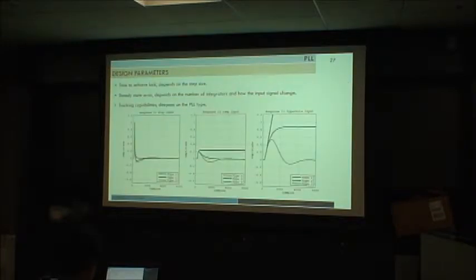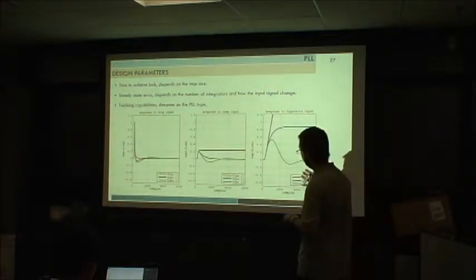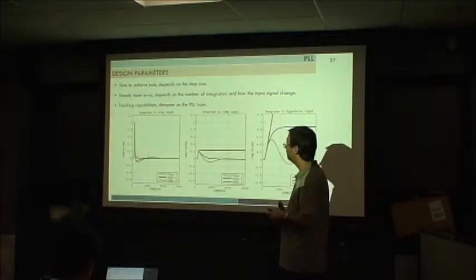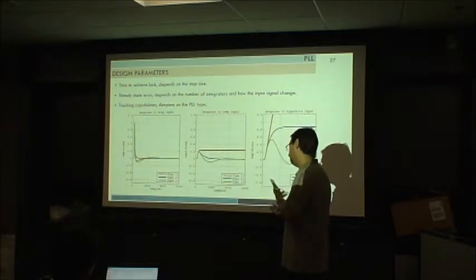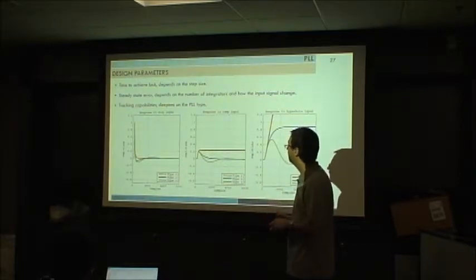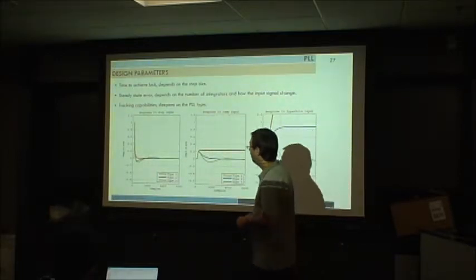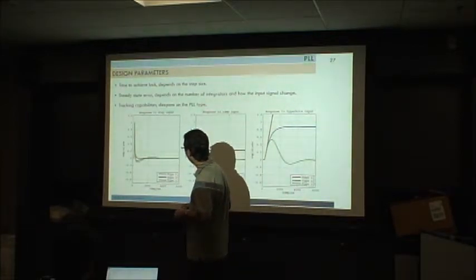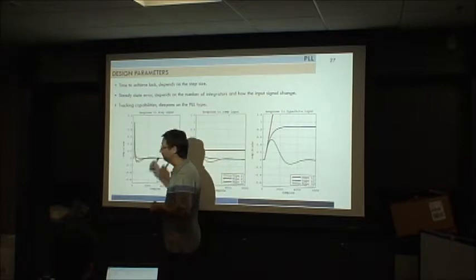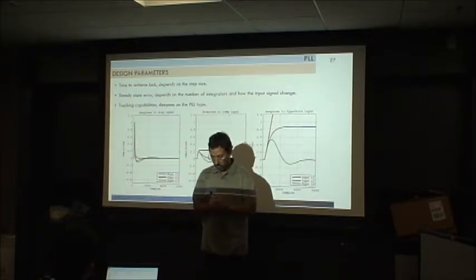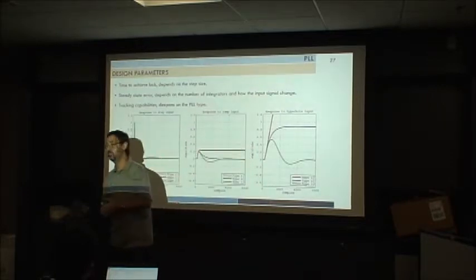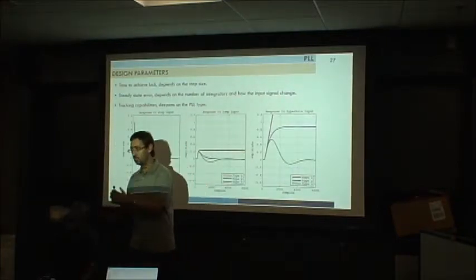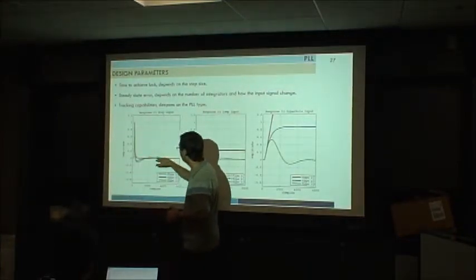And just to give you some ideas of the different behaviors of the different types of loop filters, basically the loop filter type determines the PLL type. Here is how this PLL will respond to a step. Let's say I have some frequency now, and then I have this frequency. That is the step change, and this is how it will follow.